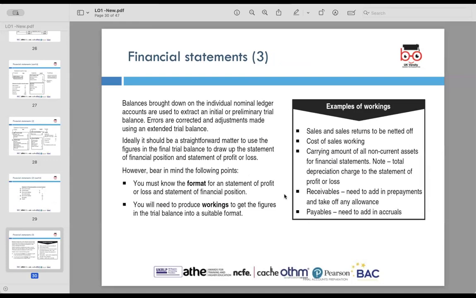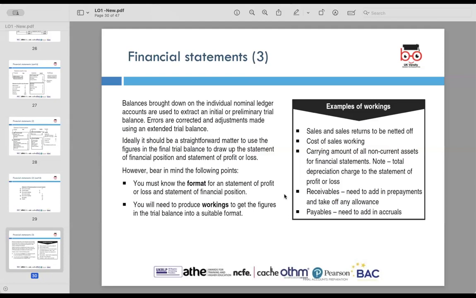In financial accounting, the preparation of financial statements involves several steps to ensure accuracy and compliance with accounting standards. Initial trial balance and adjustments, extended trial balance.